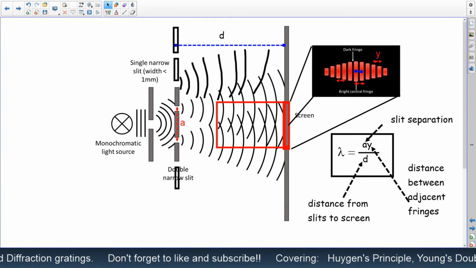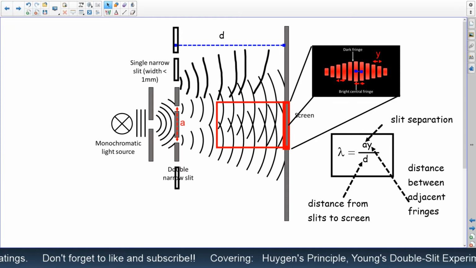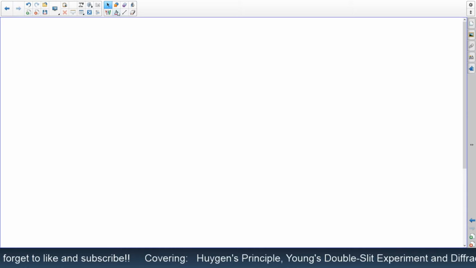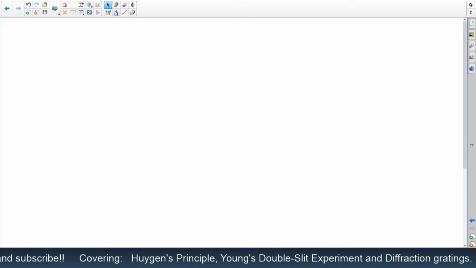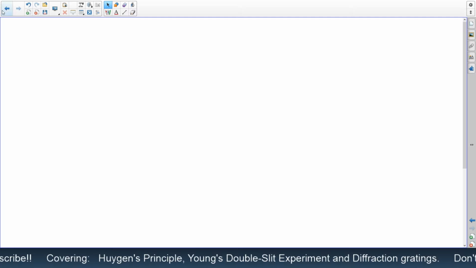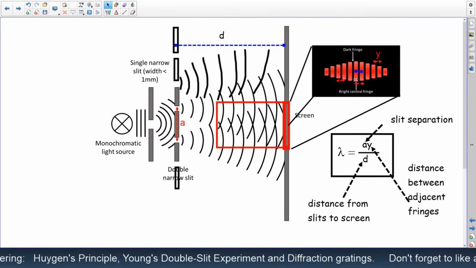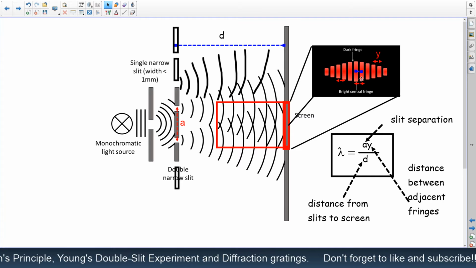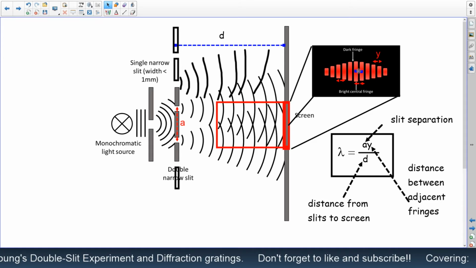Let's move on to what happens when we add more and more slits. You get fewer bright spots, but they become much easier to pinpoint, because the real problem here is measuring this distance Y. On a screen these might be a few millimeters apart, and that introduces a pretty hefty level of error into your calculation.